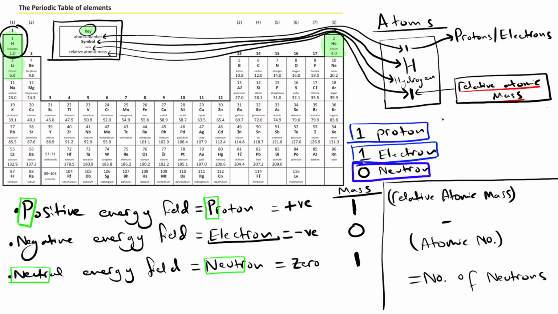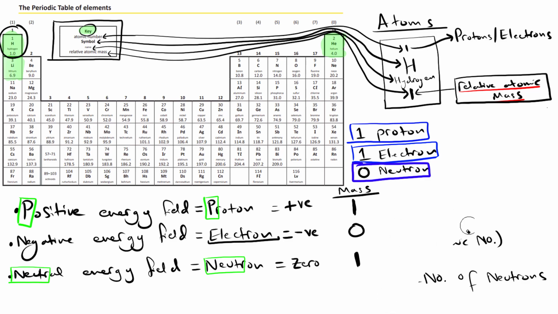Why have we done this? Well, we're trying to draw what the hydrogen atom kind of looks like. And to draw the model of the hydrogen atom, we need to be able to know what it's made up of. So now we know it's made up of 1 proton, 1 electron, and 0 neutrons.